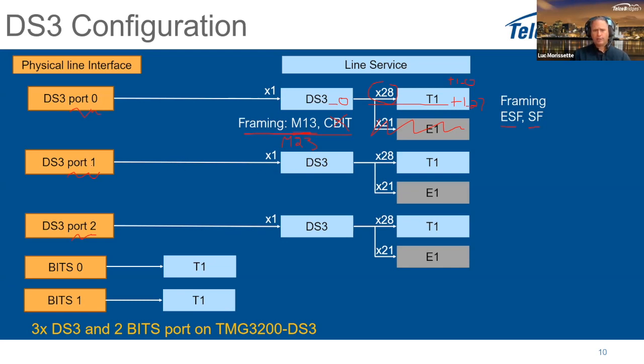You can do this for the DS3 port number 1 and DS3 port number 2 here. So in total, I didn't put it here, but you will have 84 T1s available for the system, 28 on each of the DS3s.